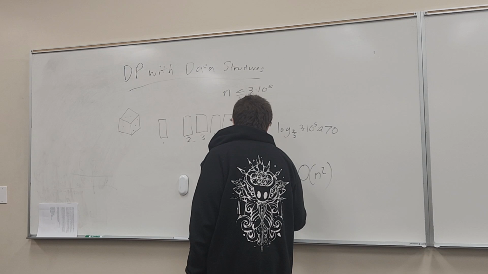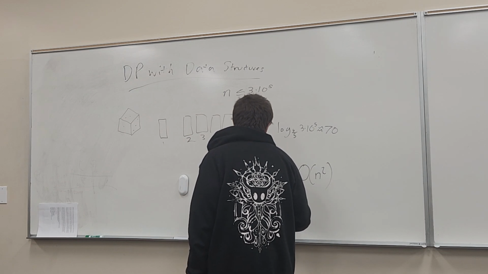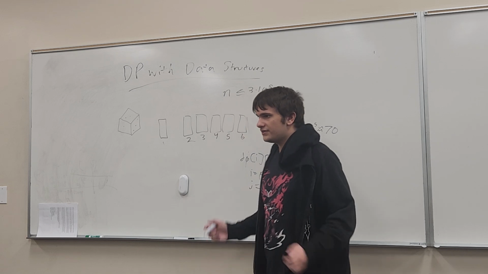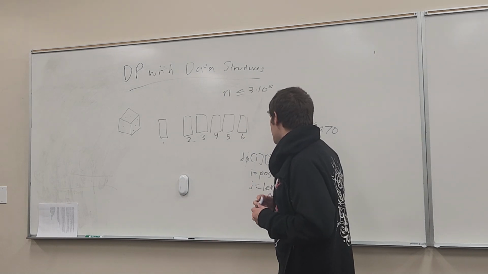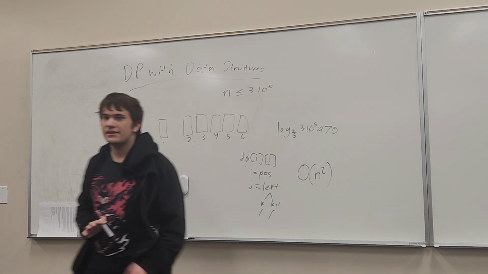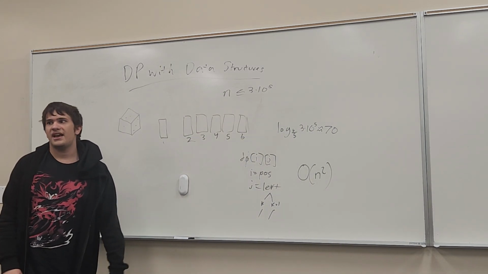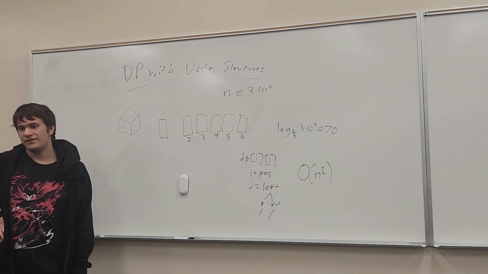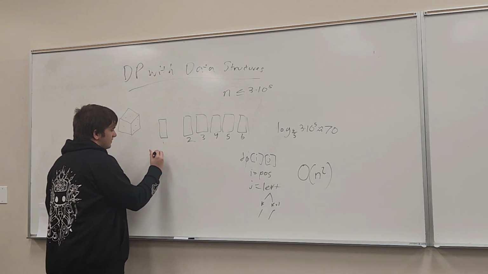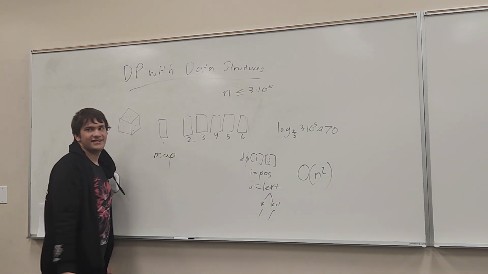Like you could have k and then k plus 1, and then these could also possibly end up at very similar values down the line as well. So the actual number of states we would visit in this DP is very low, and we can exploit this using everyone's favorite data structure, a map.